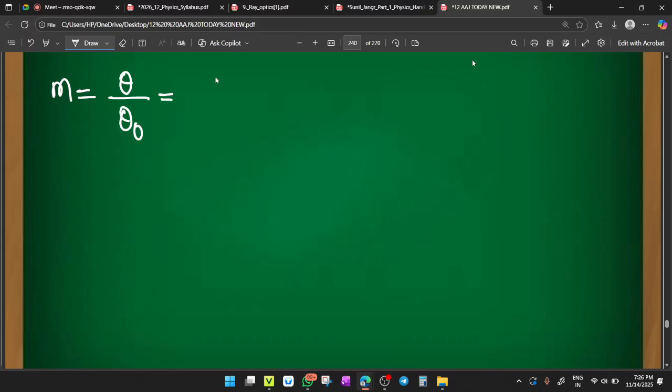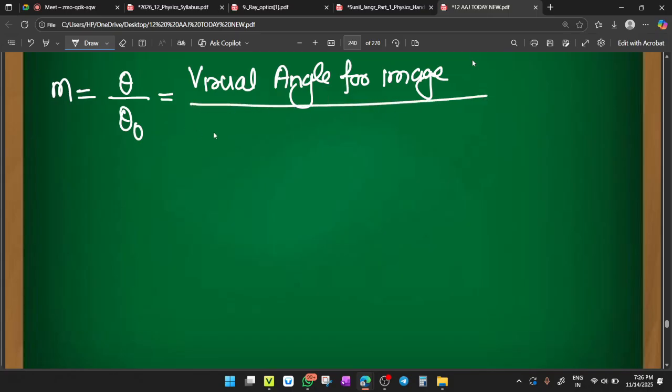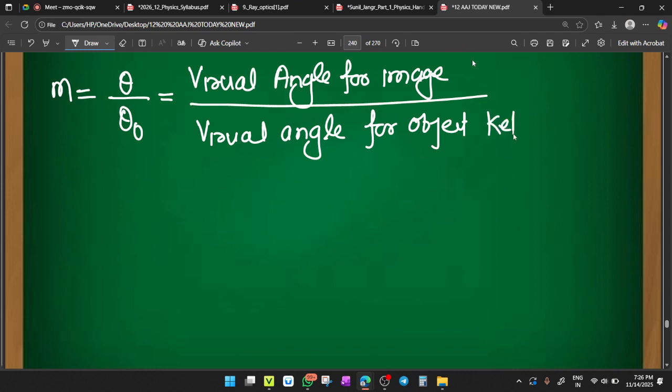Theta is the visual angle for the image, divided by theta naught, which is the visual angle for the object kept at d.